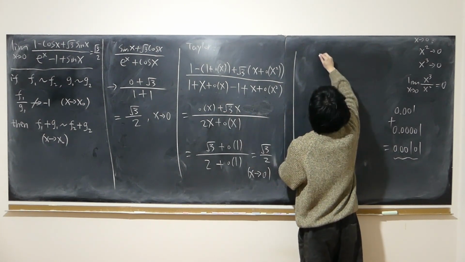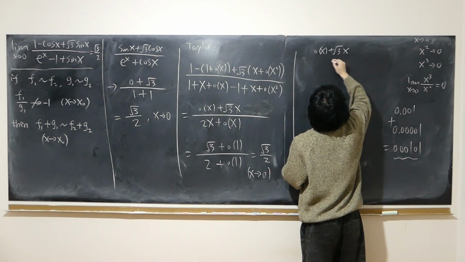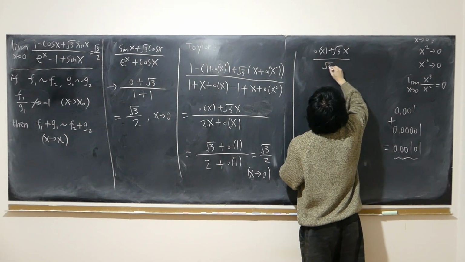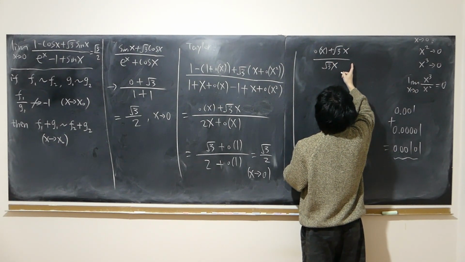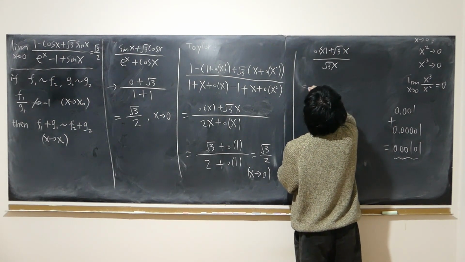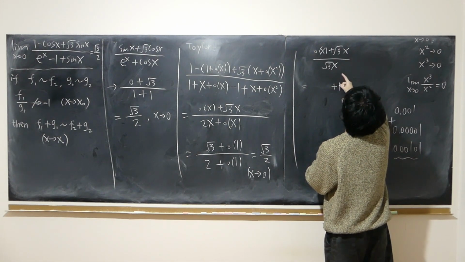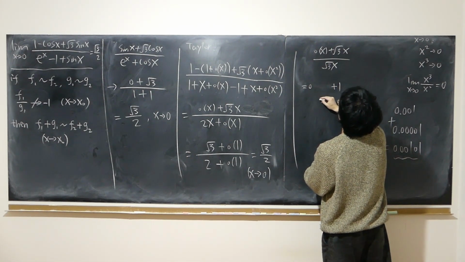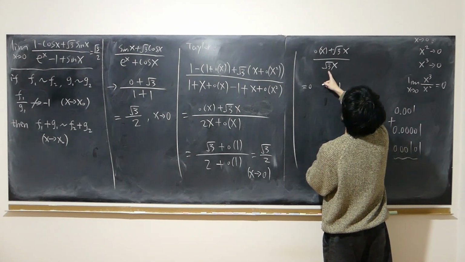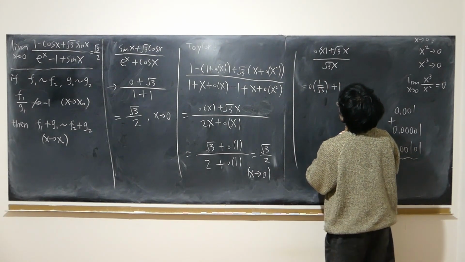The reason is that if I divide square root of 3x plus little o of x by square root of 3 times x, I expect it to approach 1. This divided by that is just 1. And little o of x divided by square root of 3 times x is, so 1 over square root of 3 times little o, approaching 0.